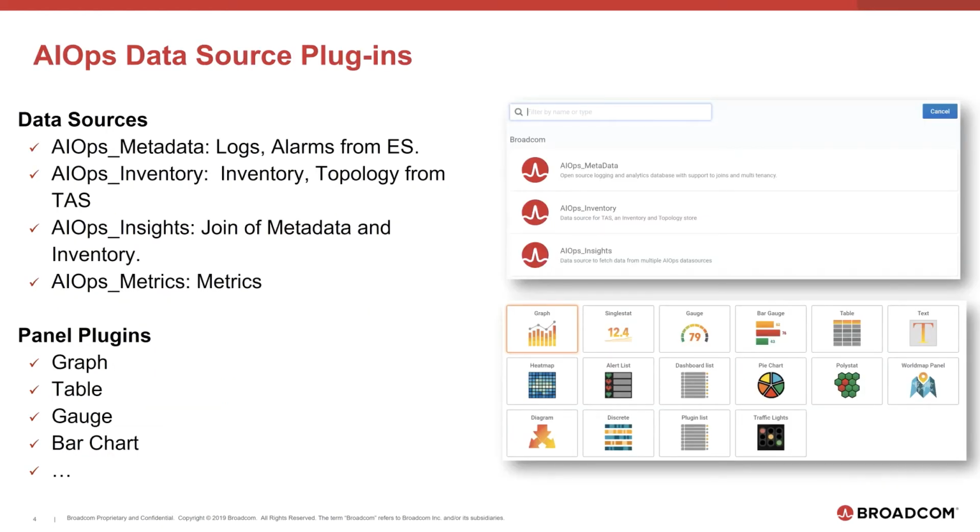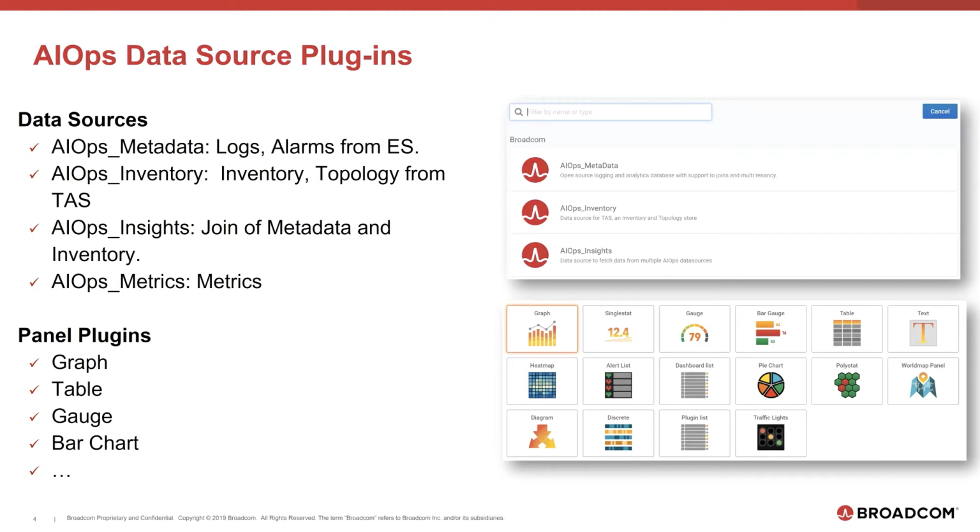To elaborate a little bit on the different data sources, we offer 4 data sources out of the box. The AIOps metadata, which basically connects to our Elasticsearch backend for logs and alarms data types. Then we have the inventory data source, which connects to our topology data store to fetch inventory and topology information.